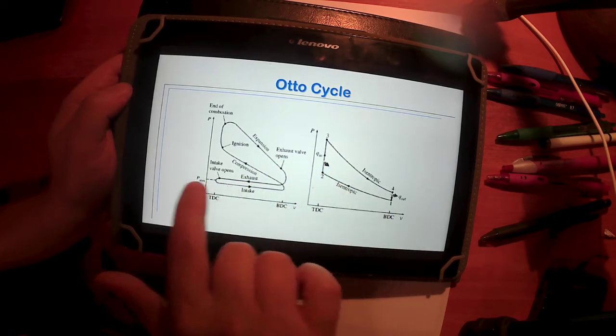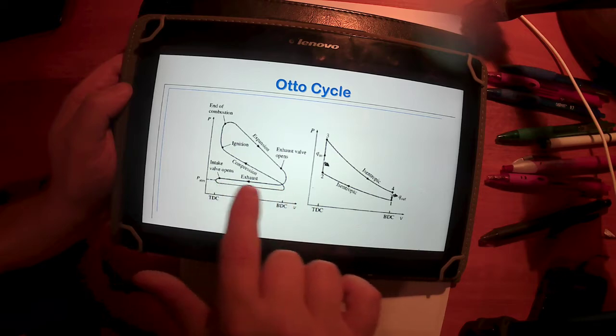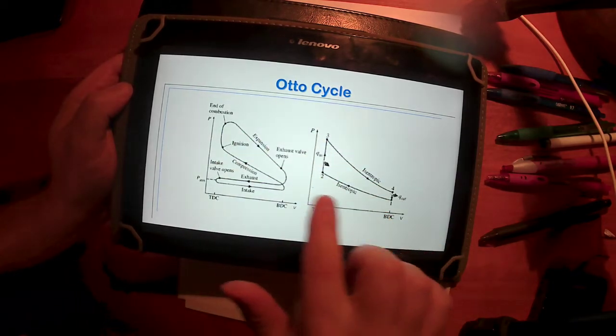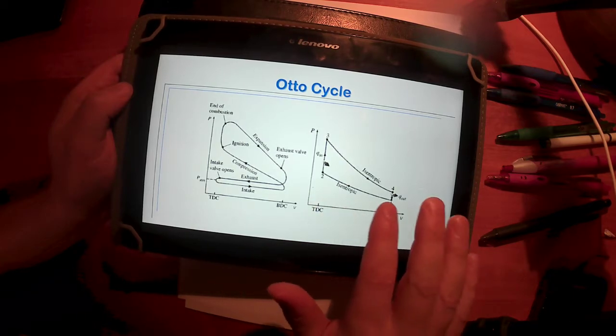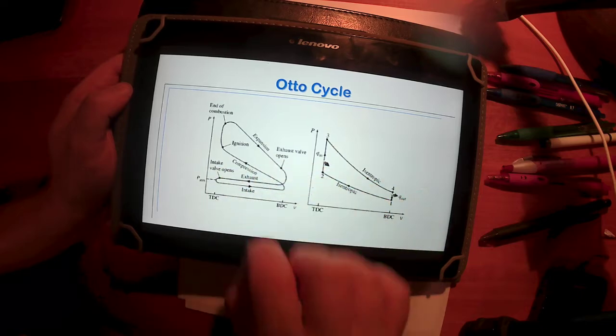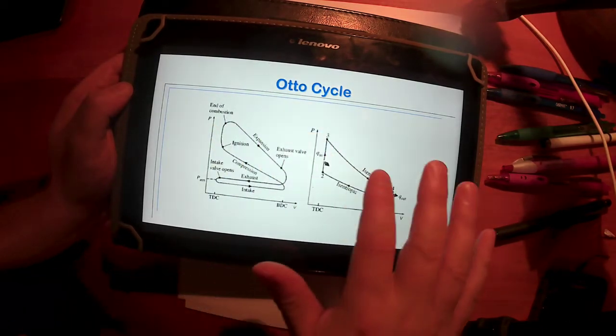Now, if you do this reversibly, there's no area in this lower portion down here. It's just a flat, thin line. That's the reason we don't include it here. We don't even have to worry about it, because if it's done reversibly, there's no area to this portion down here.